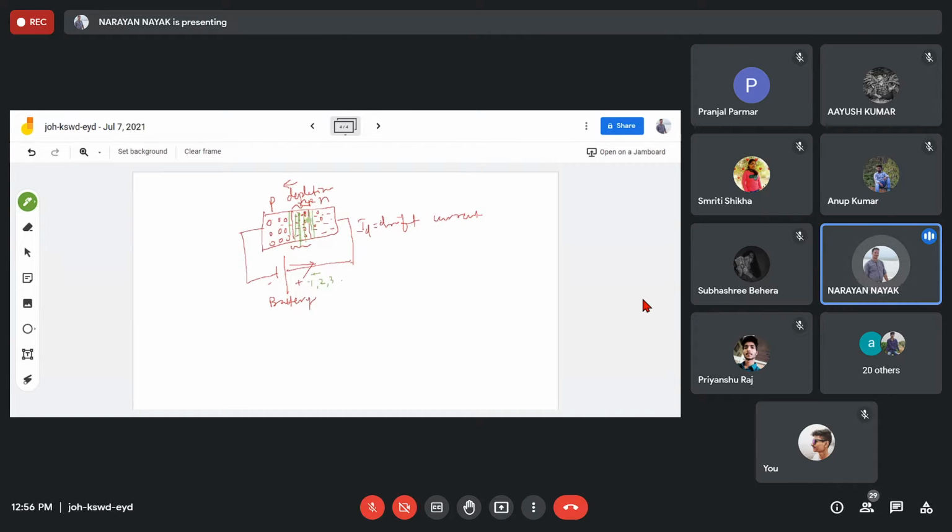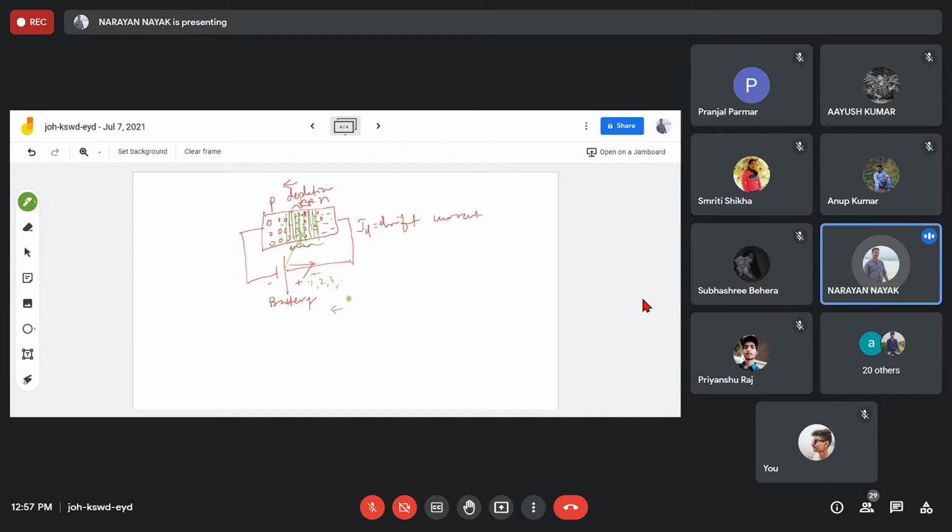Because a number of electron-hole pairs are available there. At some voltage the diode will break down, and once it breaks down, the maximum current will flow.